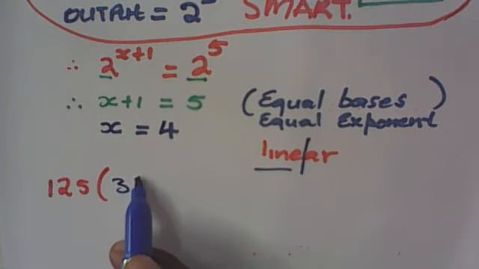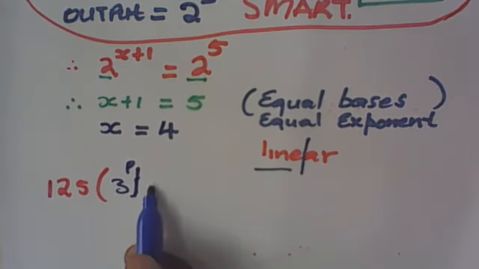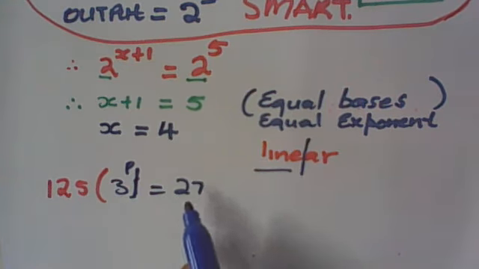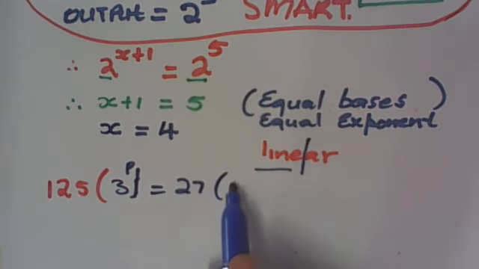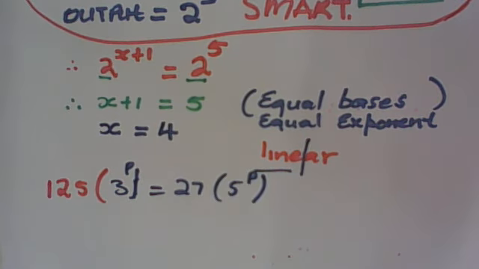Okay, let me do it this way. 3 to the power p, this will be my bracket, and then equals 27, then 5 to the power p. Find the value of p. What am I supposed to do here?